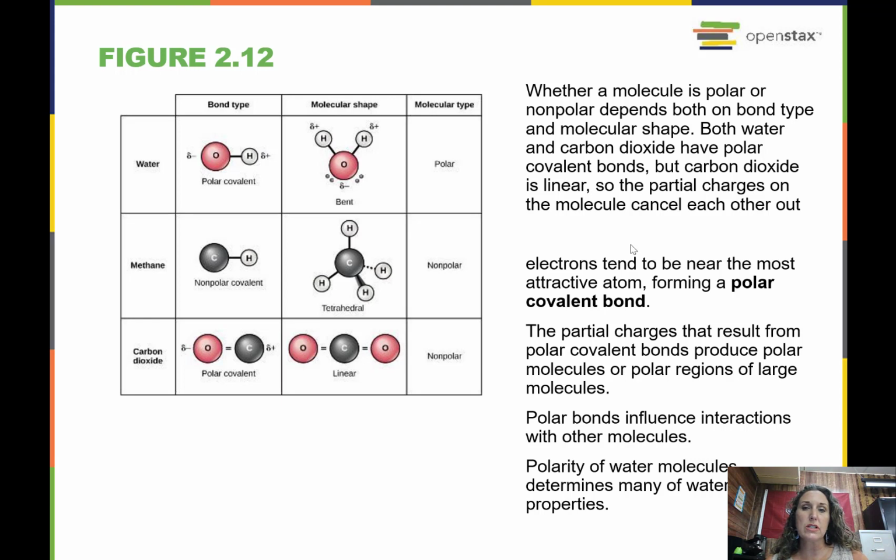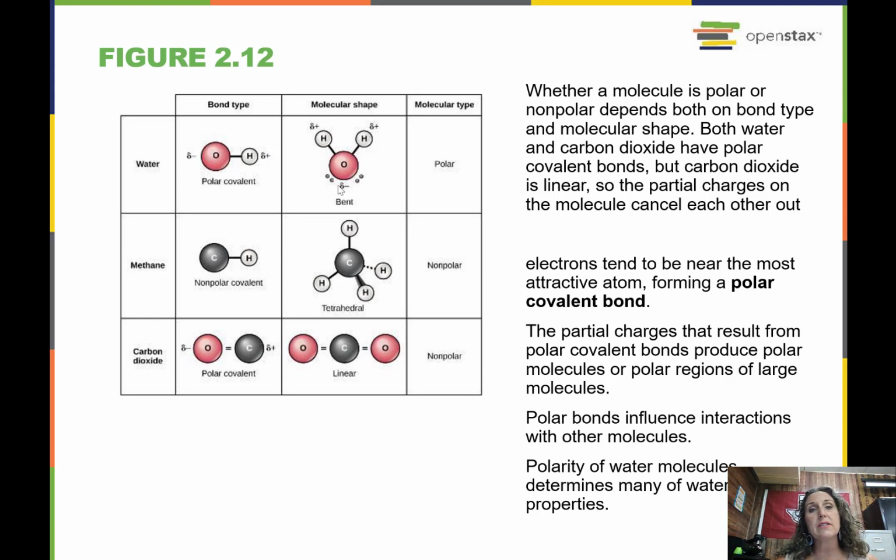The partial charges produce polar bonds or regions of polar bonds, and that is what we're really going to talk about, which is the polarity of water and the different characteristics that the polarity of water gives.